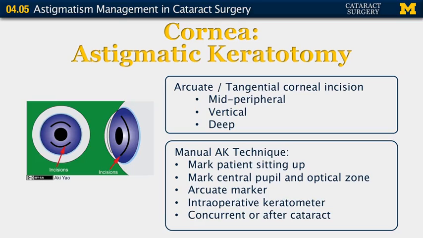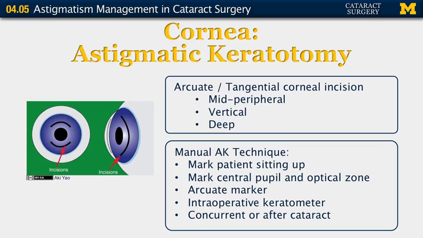Astigmatic keratotomy is another procedure that can be added on with cataract surgery to affect astigmatism. So astigmatic keratotomy are arcuate or tangential corneal incisions that are made in the mid-periphery of the cornea. They're vertical incisions that are meant to be rather deep within the cornea.